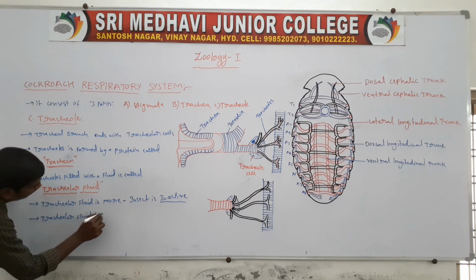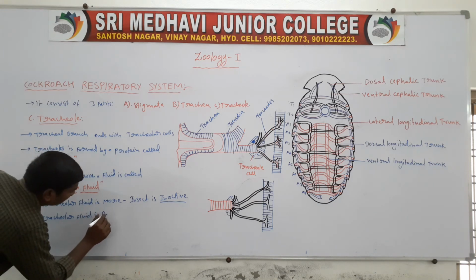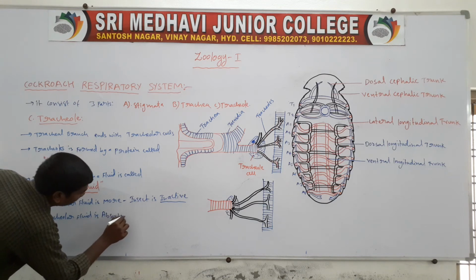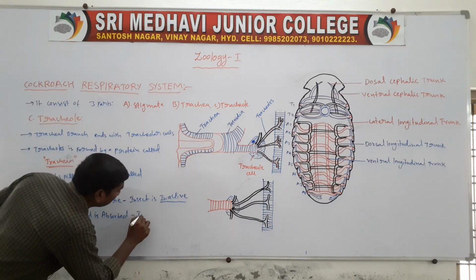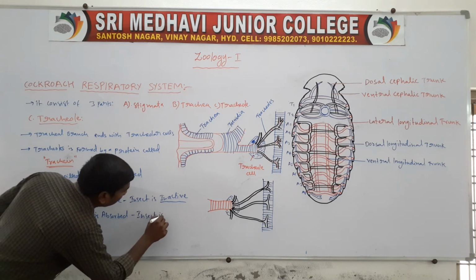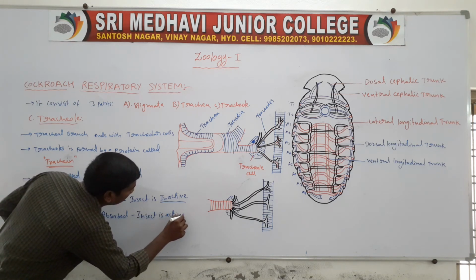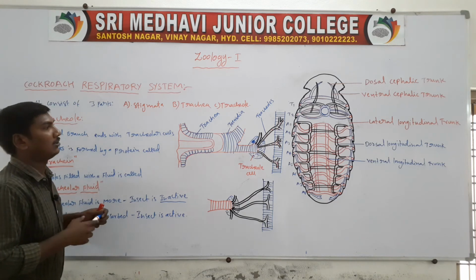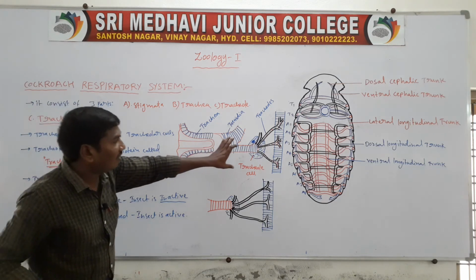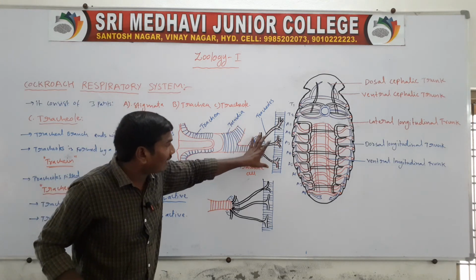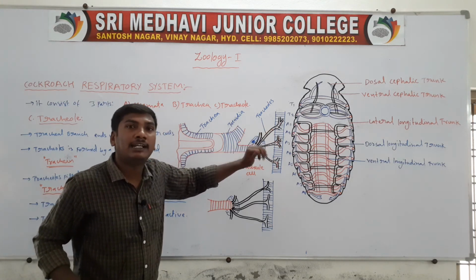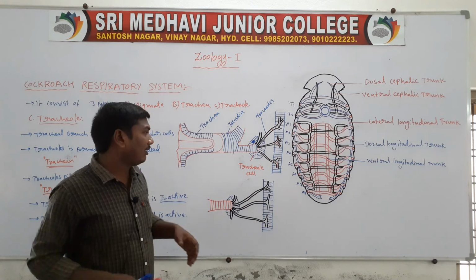Next, the tracheolar fluid is absorbed, so the insect is active. In this diagram, the tracheoles are completely filled with tracheolar fluid, and at that time the insect is inactive.